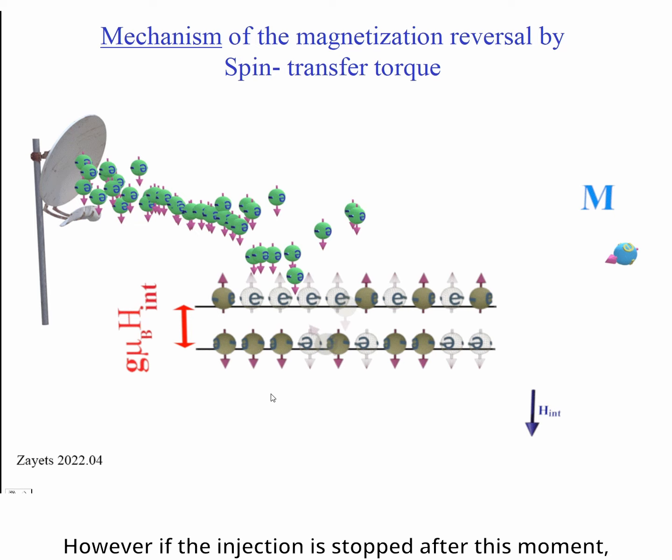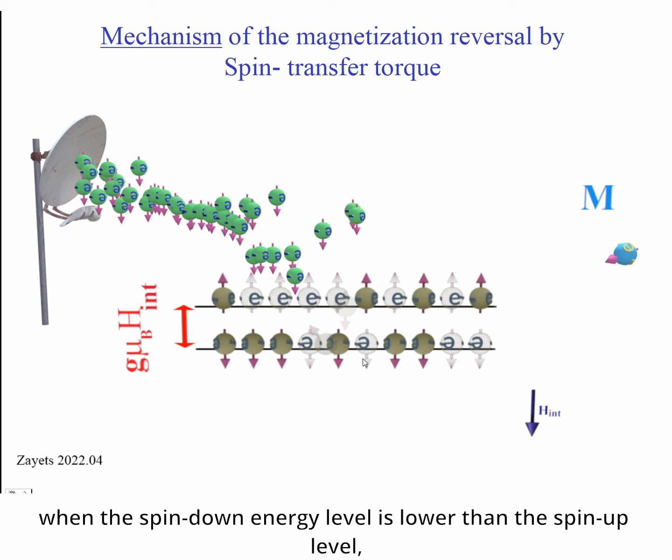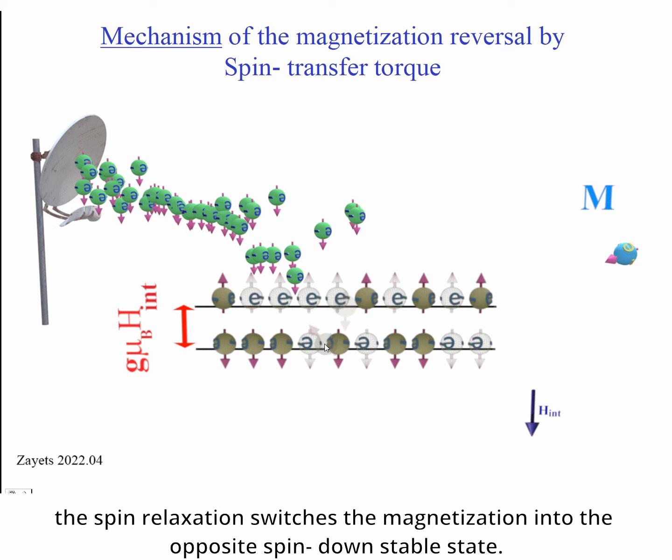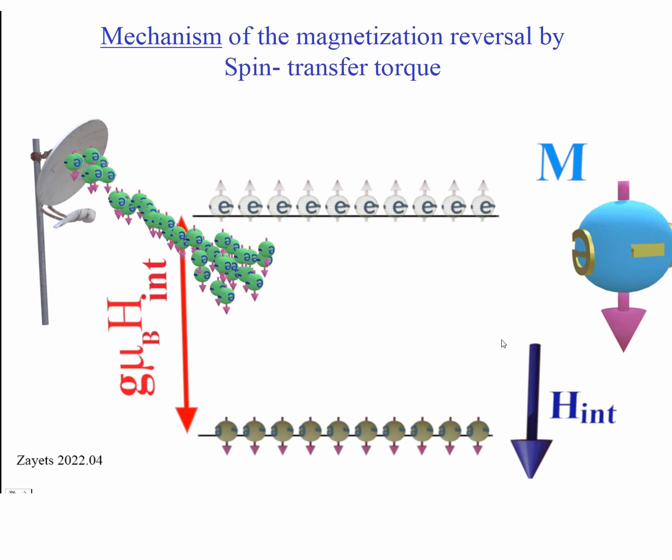However, if the injection is stopped after this moment, when the spin-down energy level is lower than spin-up level, the spin relaxation switches the magnetization into the opposite spin-down stable state. Spin down. All electrons spin down.